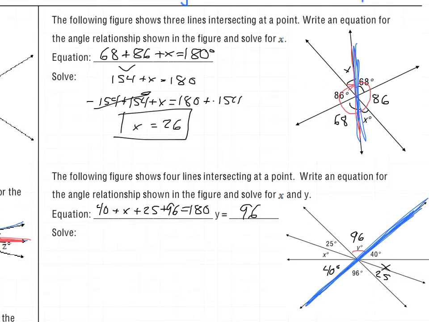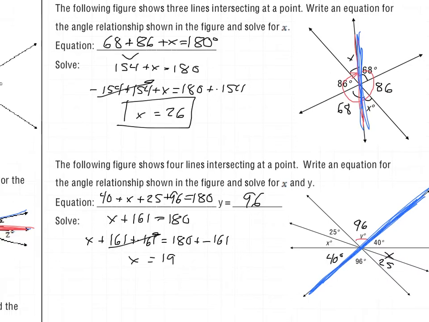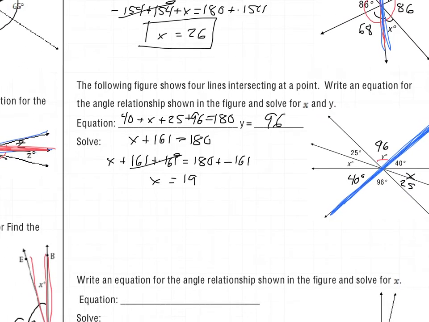Combining all of my like terms, 65 plus 96 is going to give me 161. x plus 161 is equal to 180. And I can add negative 161 to both sides. So x is equal to 19. And that's all we're really asked to do, because we already found y up here. y is equal to 96, x is equal to 19.